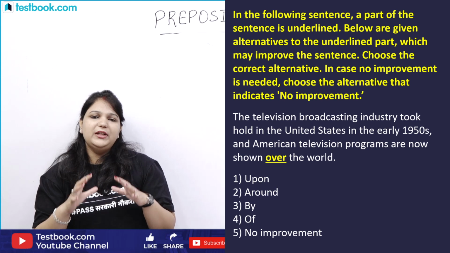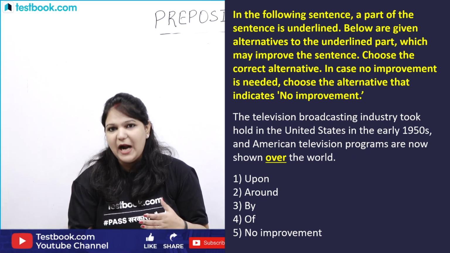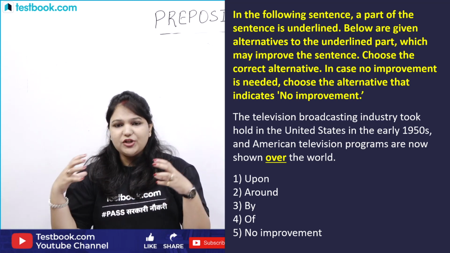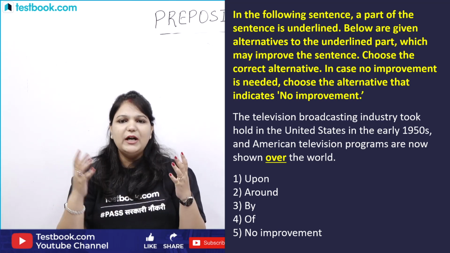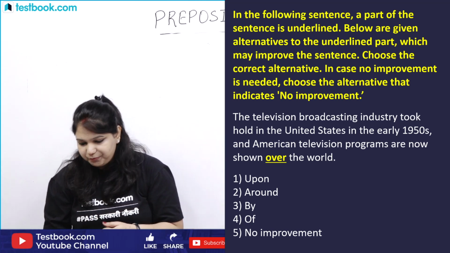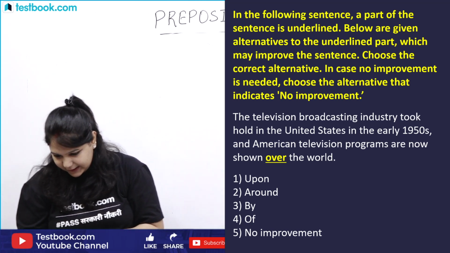With the contextual use of the preposition in this part of the sentence, it is telling that television programs are broadcast worldwide, right? So for that we are going to use, yes, around. Great.